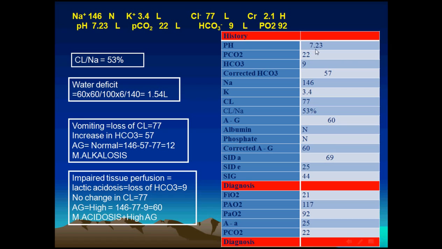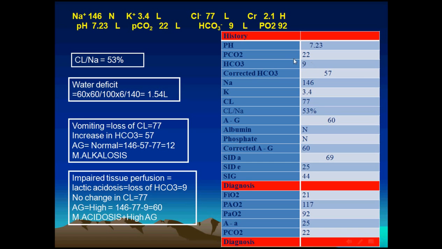This is the pH of the patient, 7.23, from the history of vomiting and then dehydration or hypoperfusion. The pH is acidic, it is an acidemia. The carbon dioxide is low, this is hypocarbia, hyperventilation. We come to the bicarbonate. This is metabolic acidosis, low bicarbonate.